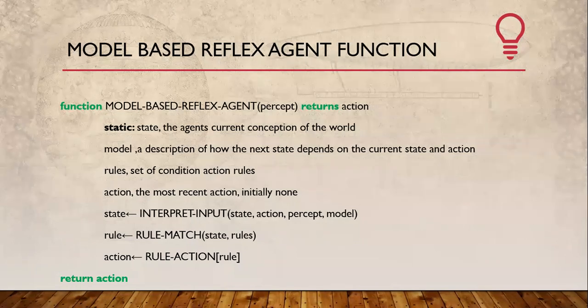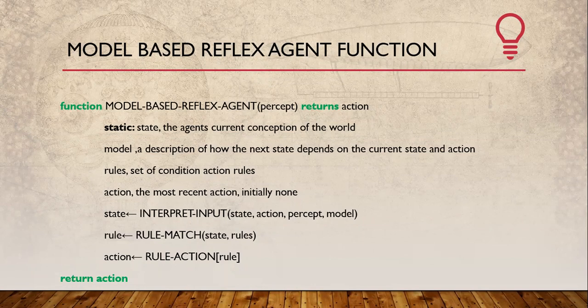It will also have something, let's say, a model stored in it. Now what is a model? A description of how the next state depends on the current state and action. The model will help the agent understand how the next state depends on the current state and action.